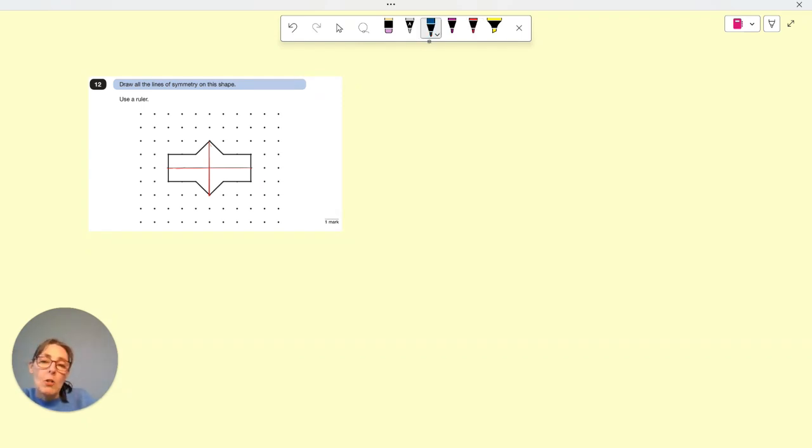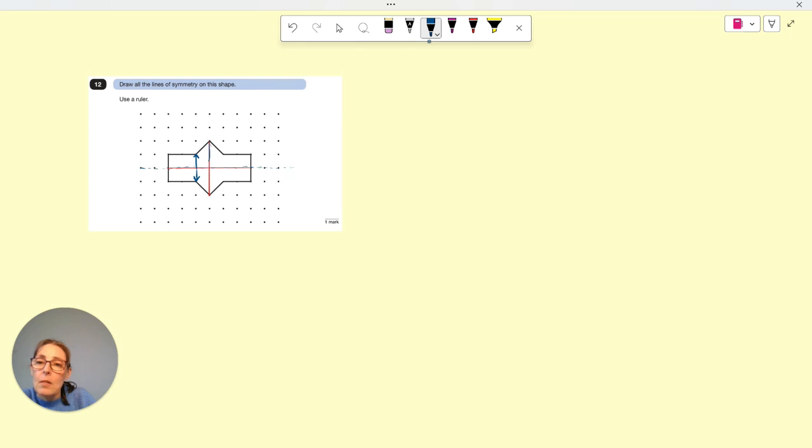Now, a line of symmetry, you probably have heard of it called a mirror line. So it's basically when one side looks exactly the same as another side. So if this line here was a mirror line, then we should be able to stand in the middle, look that way, and look that way and see the same thing.